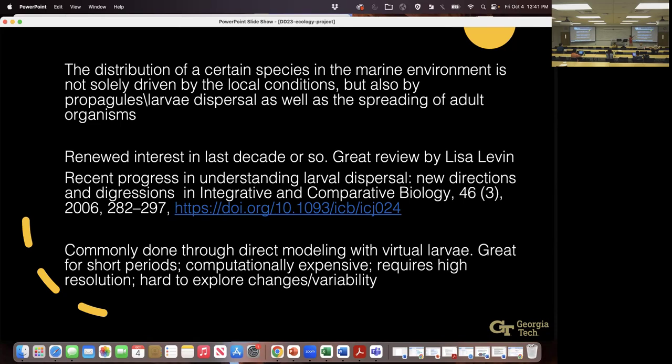And this is a really good review that was published in 2006, so actually it's 20 years ago. That really raised the community awareness of the fact that we need to understand larval dispersal if we want to try to do anything that matters in terms of management.